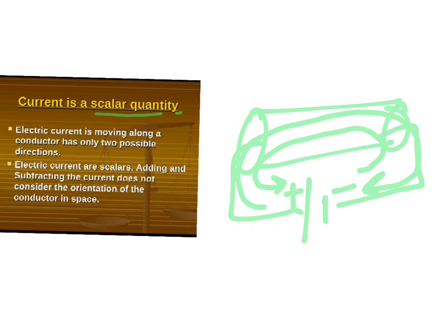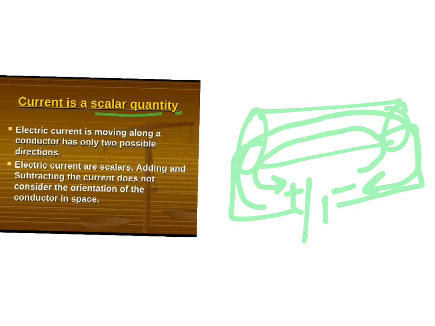The second aspect is that whenever the current is operated upon, for example if it has to be added, subtracted, multiplied or divided, we simply follow the algebraic rules of expression. The vector rules of addition or multiplication do not apply to the current.